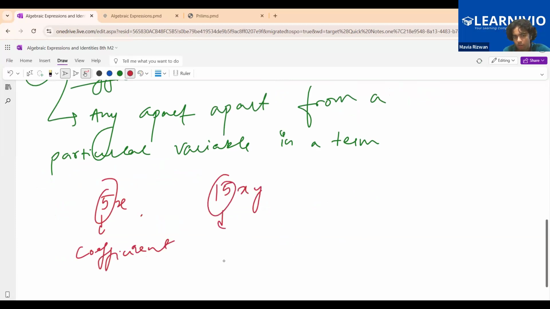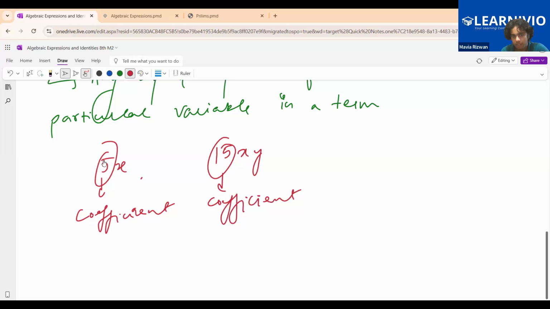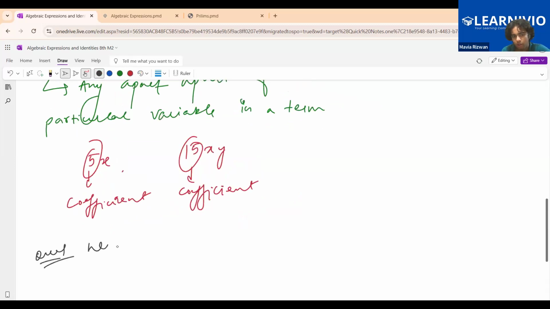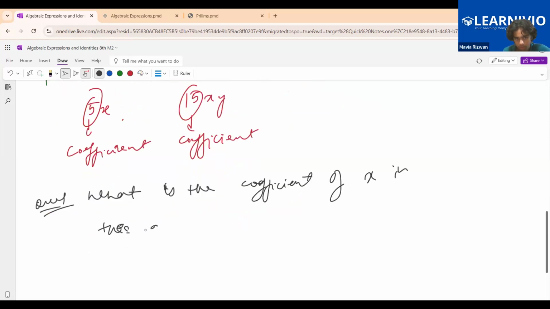Now, but if they particularly ask, let's say, what is the coefficient of x in this term? Now they are saying particularly for x.